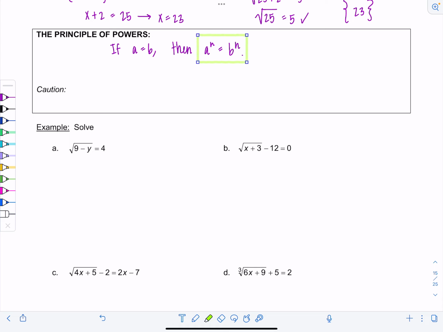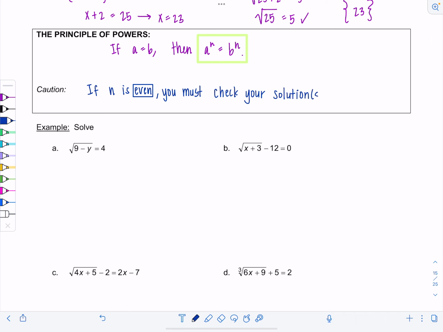And so here's basically the guideline to follow. If n is even, so if you raise both sides of the equation to an even exponent, then you must check your solution or solutions. Sometimes you get more than one. How exciting. In the original equation.